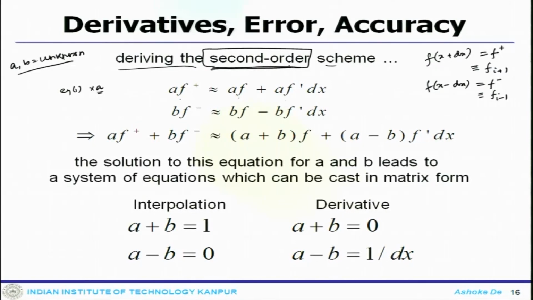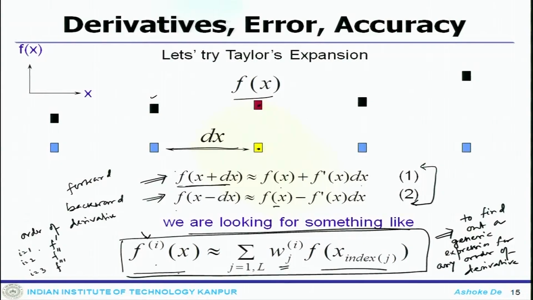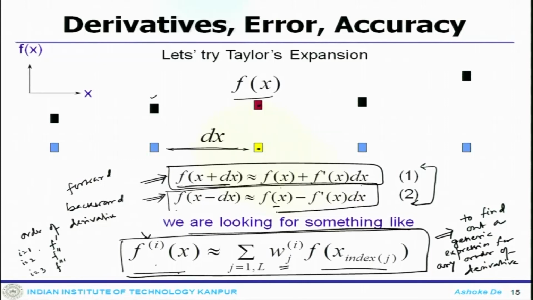In order to find that, you multiply the first system with A, so you get an expression like this. You multiply the second system with B, you get a system like this. So, if you compare, my x plus dx is approximated like this, x minus dx is approximated like this. So, this is multiplied with A, this is multiplied with B.